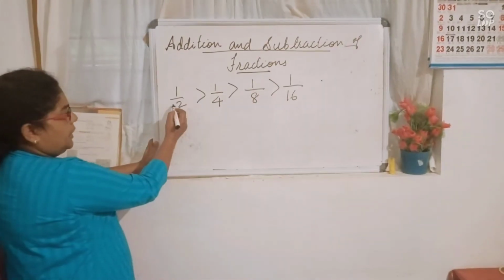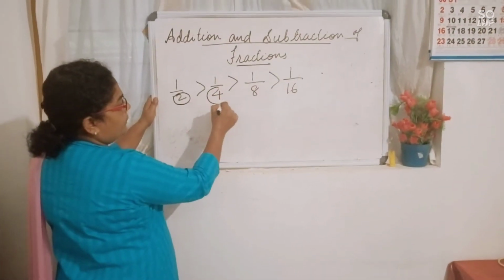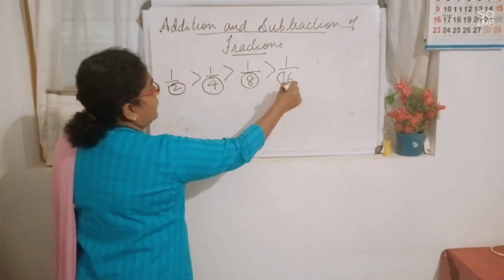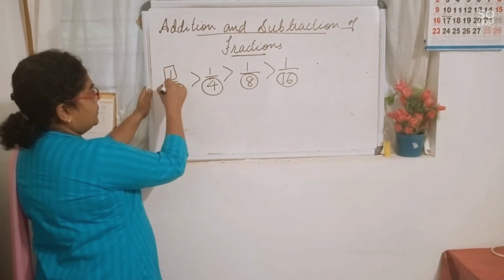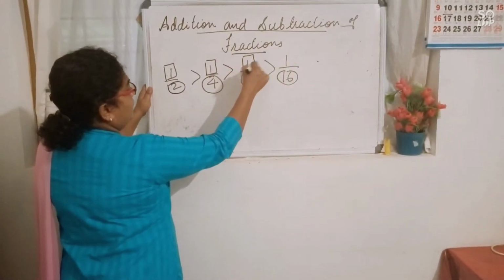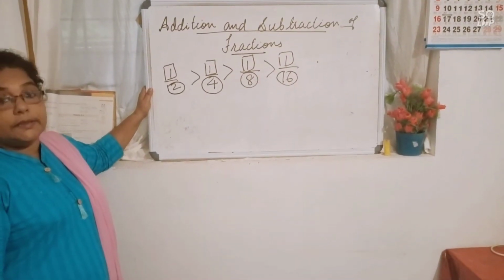So here the denominator is 2. What is the denominator here? 4. Next one 8. Next one 16. Check the numerator. This is 1. Here also 1. This is 1. This one also 1. So where is the change?